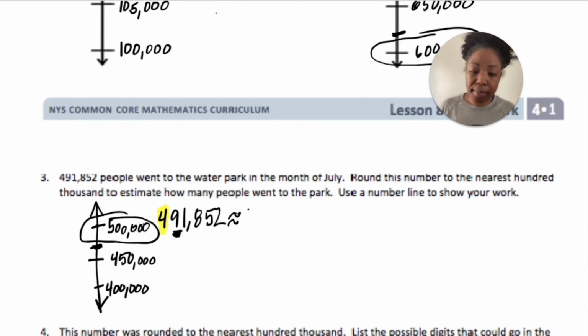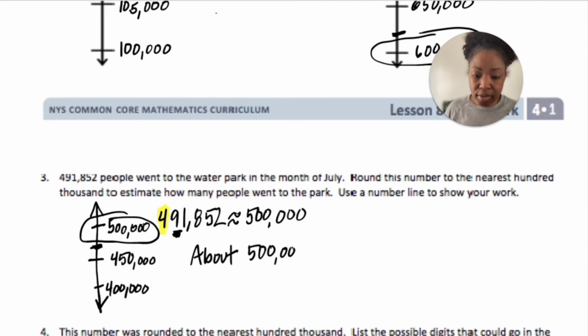So we round up to 500,000. So there were about 500,000 people at the park. About 500,000 people went to the park.